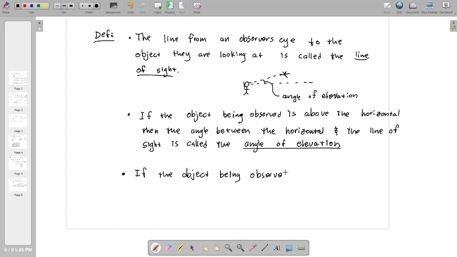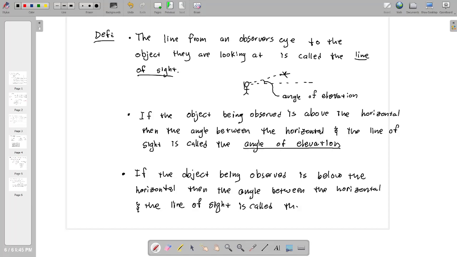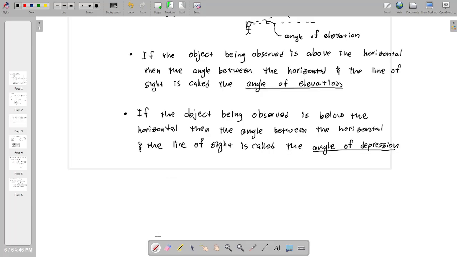If the object being observed is below the horizontal, then the angle between the horizontal and the line of sight is called the angle of depression. So again, let's go back so that we have Luke Skywalker again.